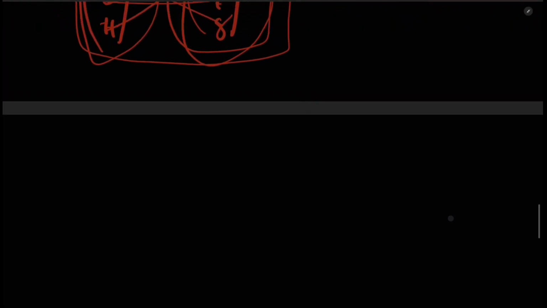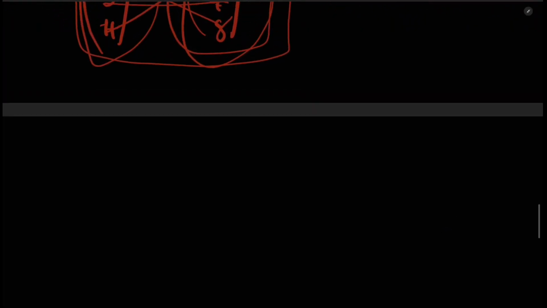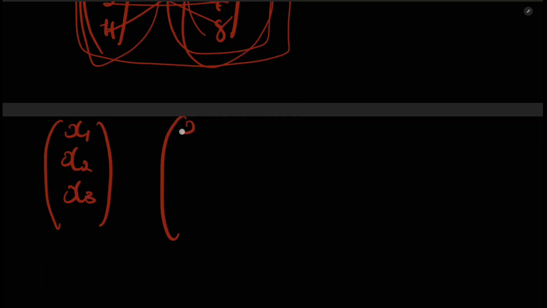Okay, let's take another case where it is both surjective and injective. Let's have x1, x2, x3 for this set, and let's have another one, y1, y2, and y3. So they are mapped.